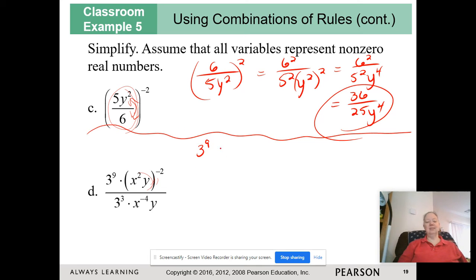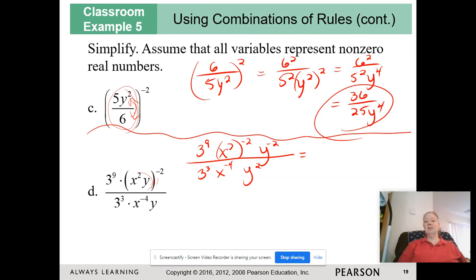Like I said, there are different ways you can do this, but this is the way I'm going to do it. So all I'm doing right now is just applying this exponent to each of the ones inside. Nothing else. One step, one rule.